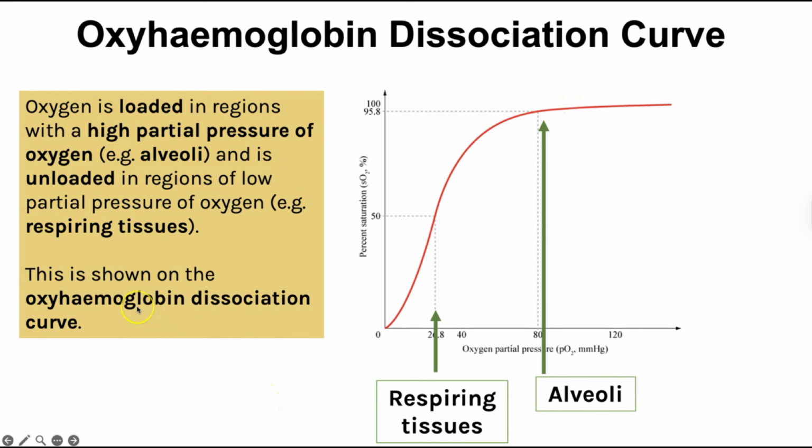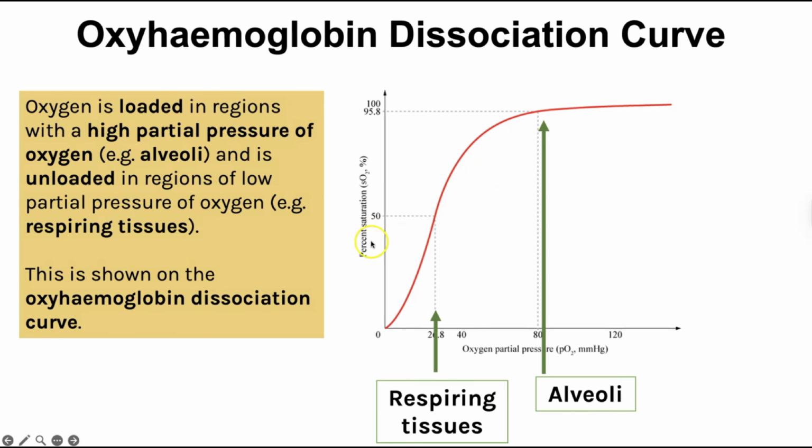So this oxygen dissociation curve, or oxyhemoglobin dissociation curve, it shows us that at low partial pressures, hemoglobin is not as saturated as it is at high partial pressures. And if it's not as saturated, that must mean it's either unloading oxygen or not loading oxygen as much.